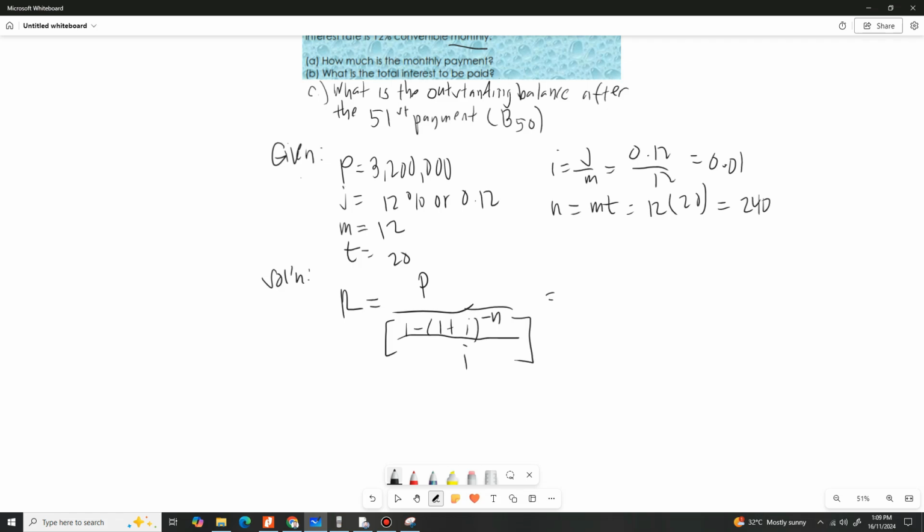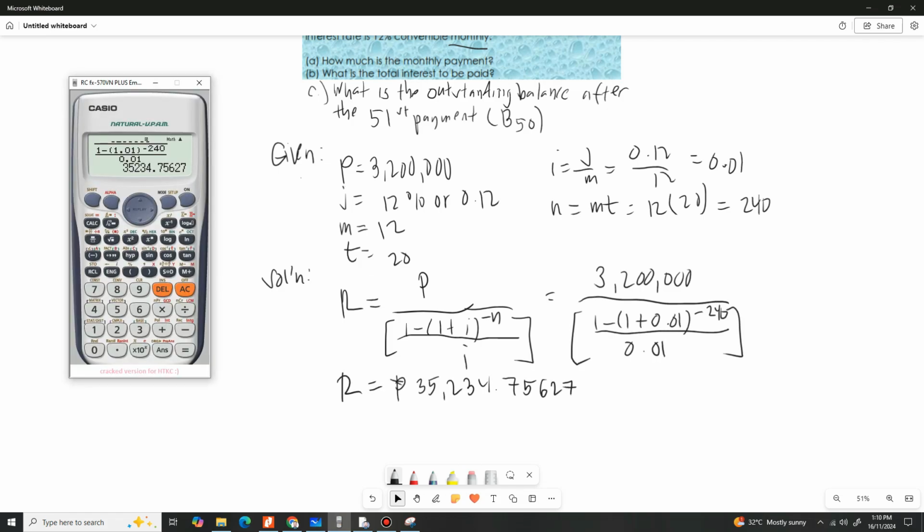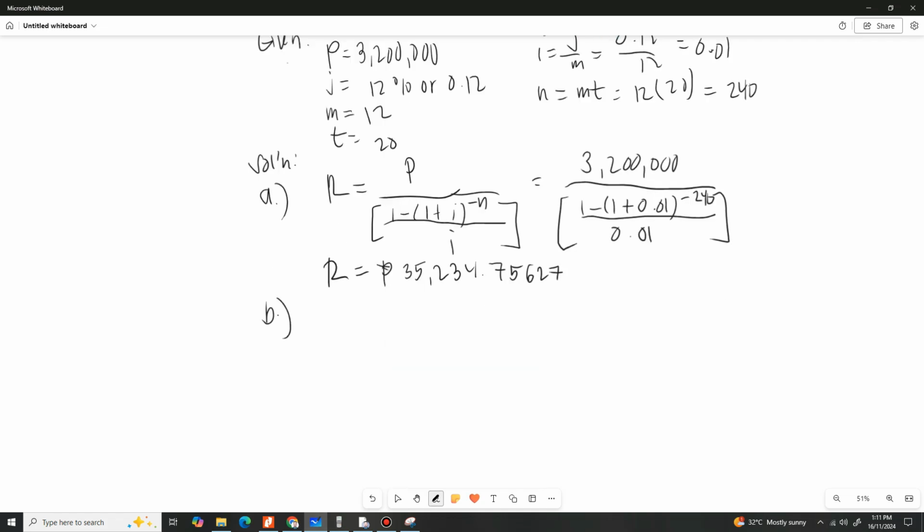We substitute the values: P is 3,200,000 divided by 1 minus 1 plus I, which is 0.01, raised to negative 240, all over 0.01. Our answer for letter A, the monthly payment, is 35,234.75627.